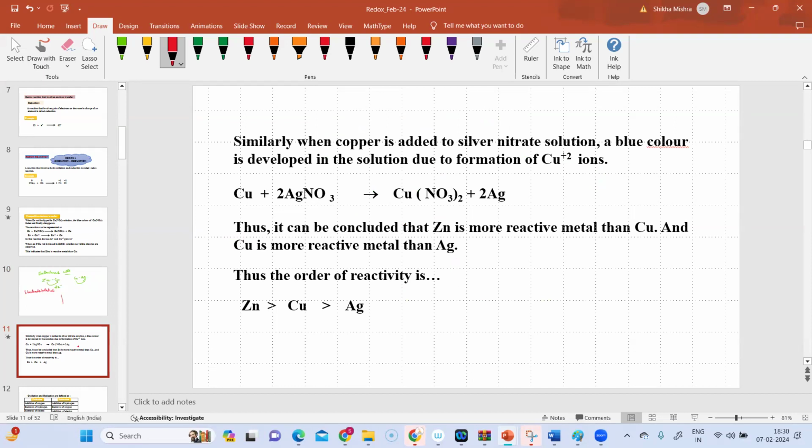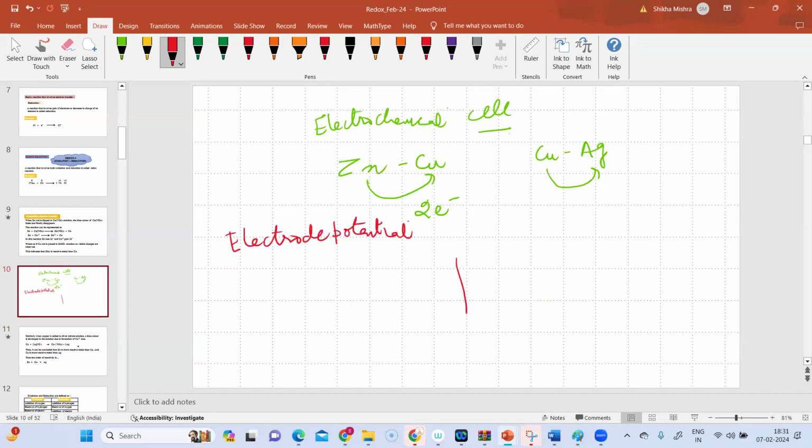According to this, zinc is most reactive because it is giving out electrons, right? And to whom? To copper. And between copper and silver, copper is giving electrons, so copper is more reactive than silver. Between zinc and copper, zinc has the upper hand because it is capable of giving out the electron.